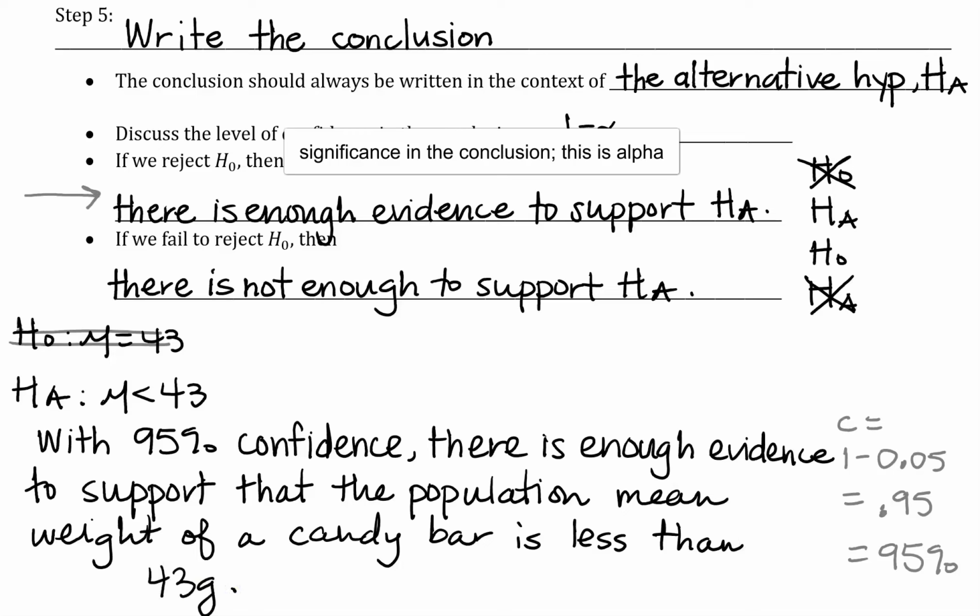So everything here, the population mean weight of a candy bar is less than 43 grams.